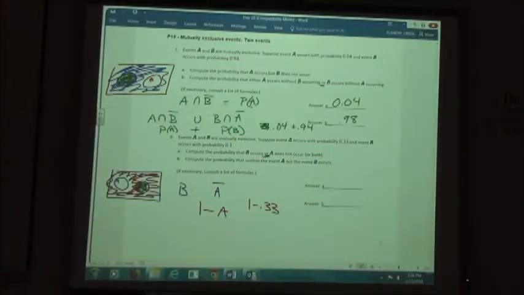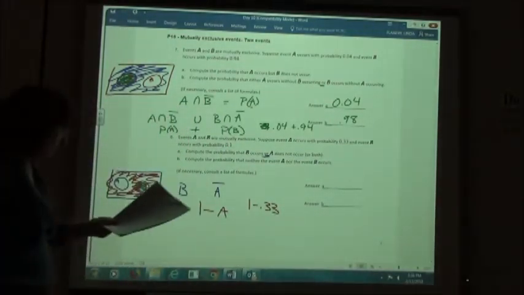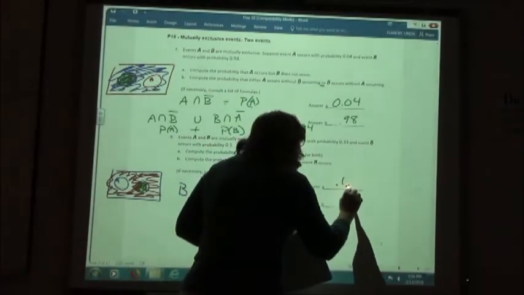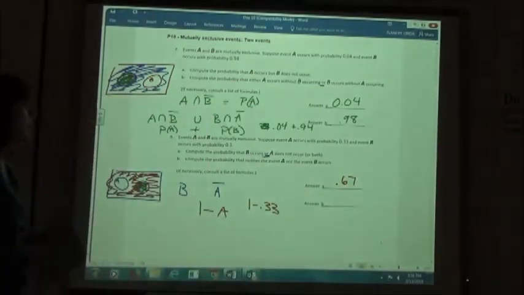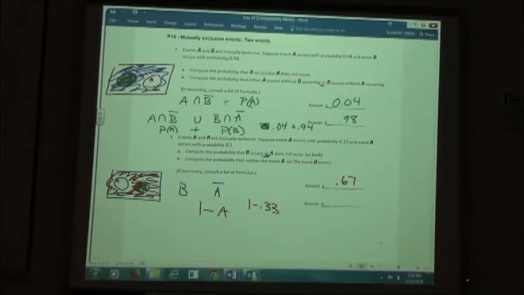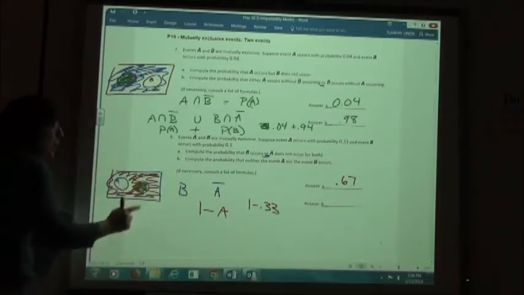So 1 minus 0.33 would give me 0.67 for my probability that B occurs or A does not occur. If it would have been AND, then it would have been a different thing. But since it's an OR, I use all of it. If it would have been an AND, I would have used B only.